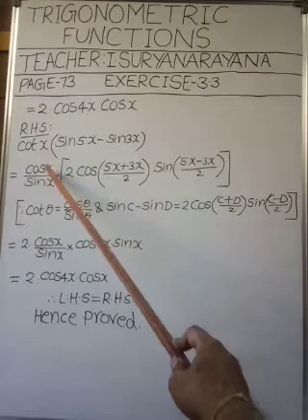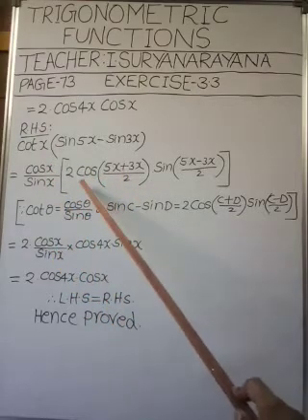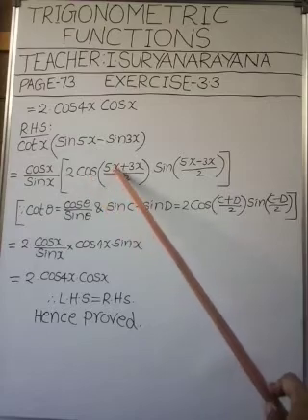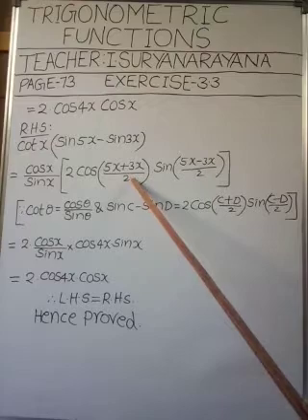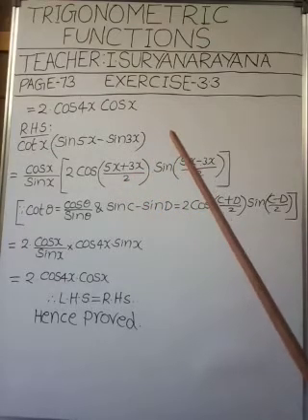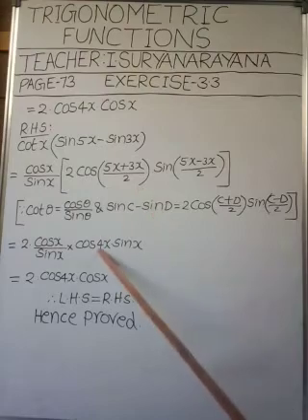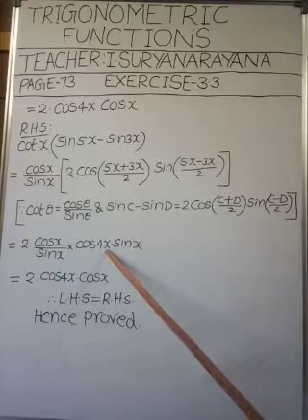So 2 into cos x by sin x into, after simplification, what will you get here? Cos 5x plus 3x. What will you get here in the numerator? 8x. 8x by 2. What will you get after simplification? 4x. So we wrote here 4x. Understood this part, my children? How can we get 4x?